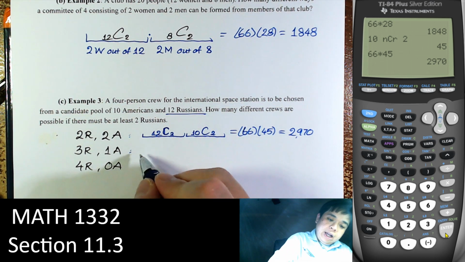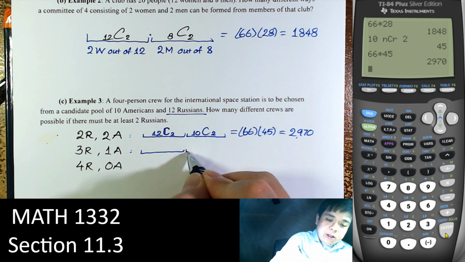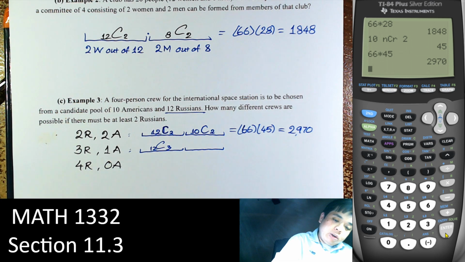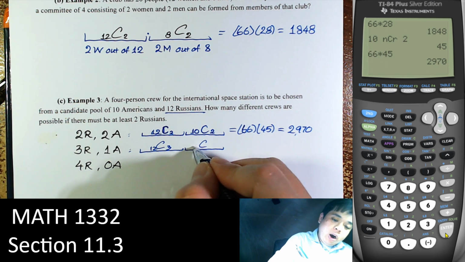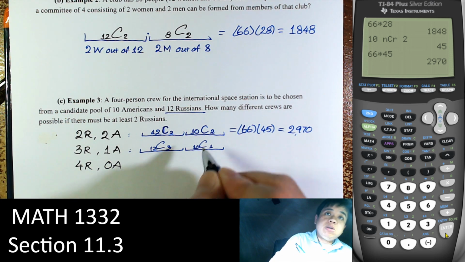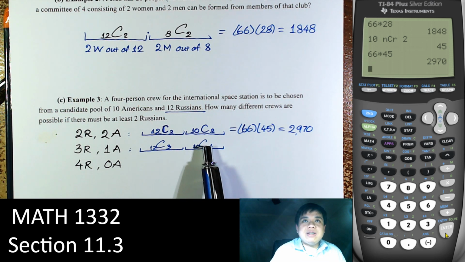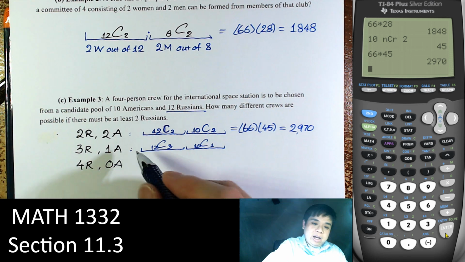Right. Now, if you want to choose 3 Russian out of 12, then you only have one option for American. In that case, you could choose 1 out of 10, so this is 10. But we can just write like that.